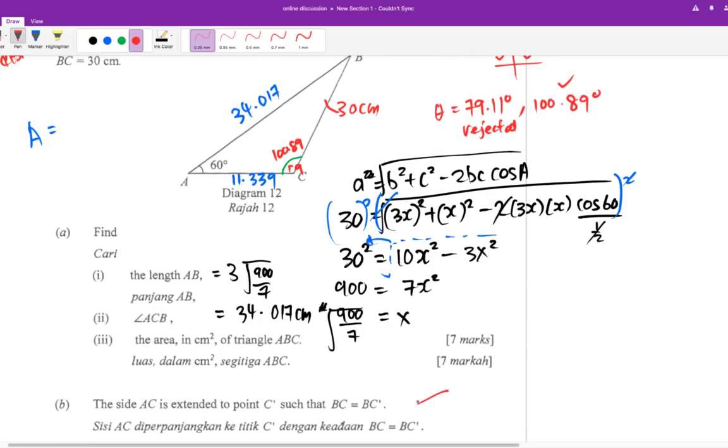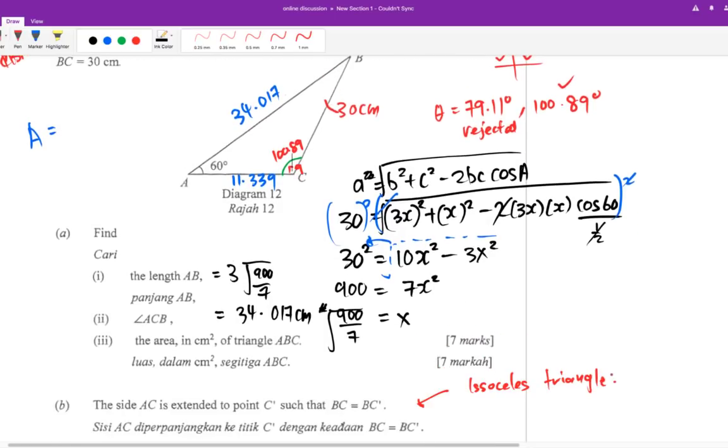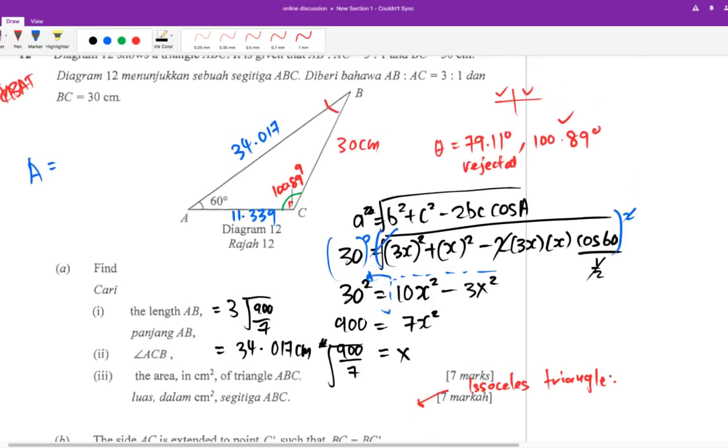So this one you should always remember about the isosceles triangle. That means if I have the BC here, I try to make it an isosceles triangle, and then I will extend this one to meet it, because these two must be the same length, and then my new C will be somewhere here. So this one will be my new triangle.